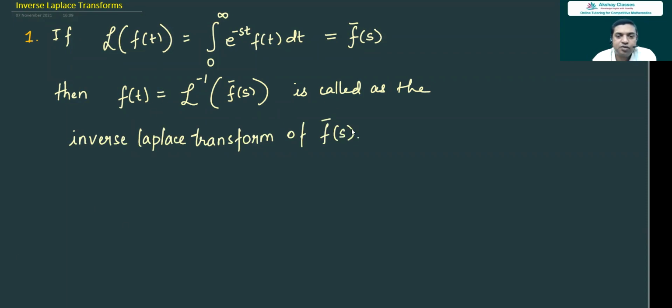So f of t is called the inverse Laplace transform of f bar of s. Now we have had a list of Laplace transform formulae. So now we have to make a list of the inverse Laplace transform formulae and the properties.